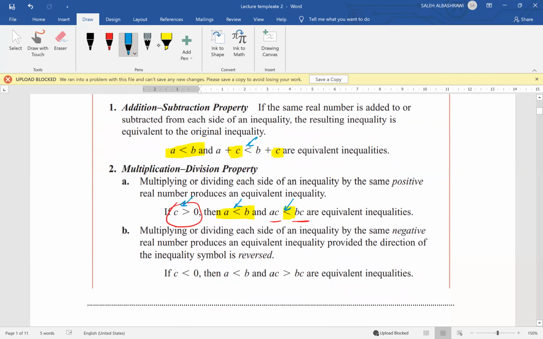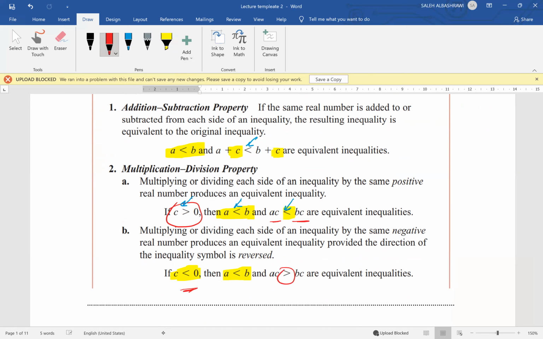But if the constant is negative, if C is less than 0 and A less than B, if we multiply this inequality by the constant C, which is negative, we have to change the sign. If it is less than, it will be greater than.